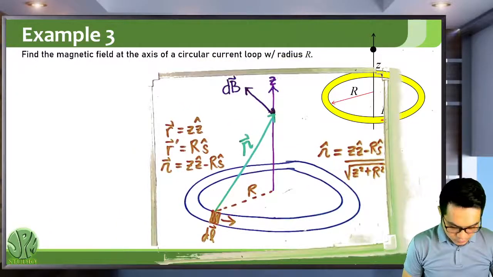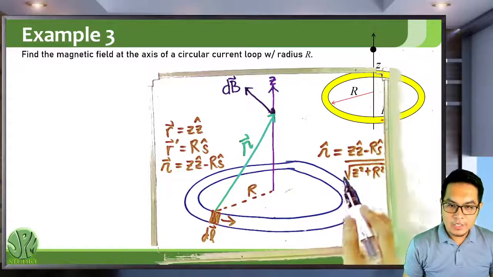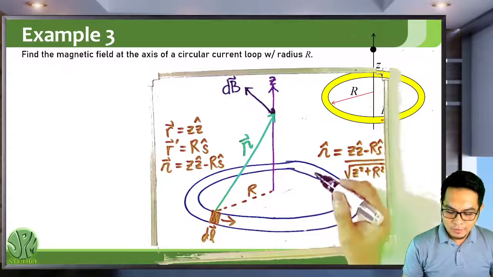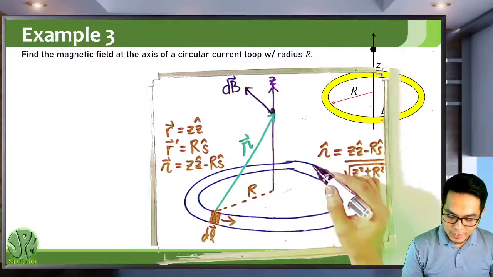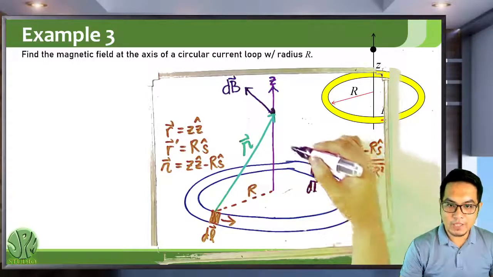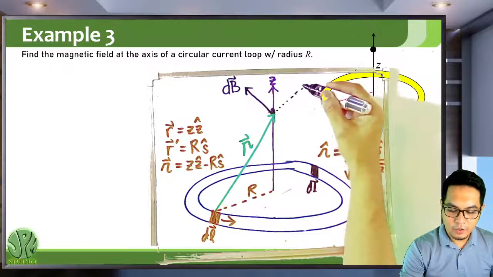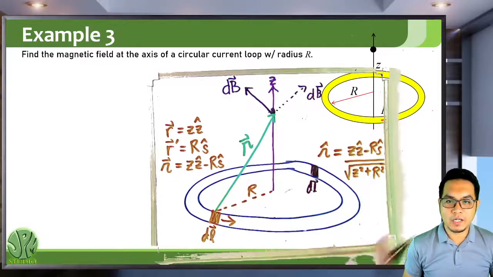Now, since our r hat has two components, z and s, for every dl here, there is actually a dl on the other side, wherein if you take the dl cross r hat, its direction will be in the opposite direction. It will be the dB.